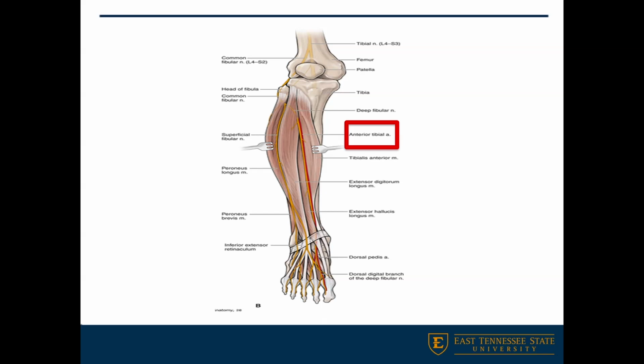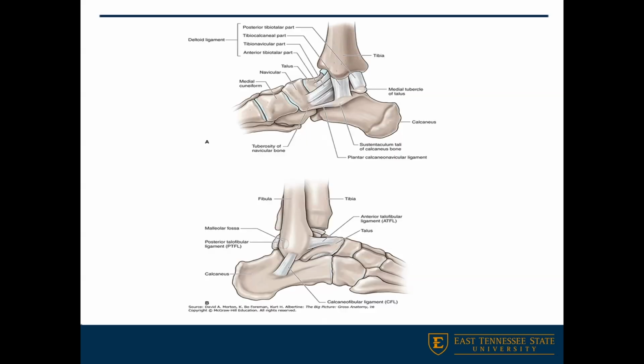It accompanies the deep fibular nerve through the compartment and beneath the superior extensor retinaculum to reach the dorsum of the foot. As it crosses the ankle, it will transition in name to the dorsalis pedis, which will become more important as we reach the dorsum of the foot.